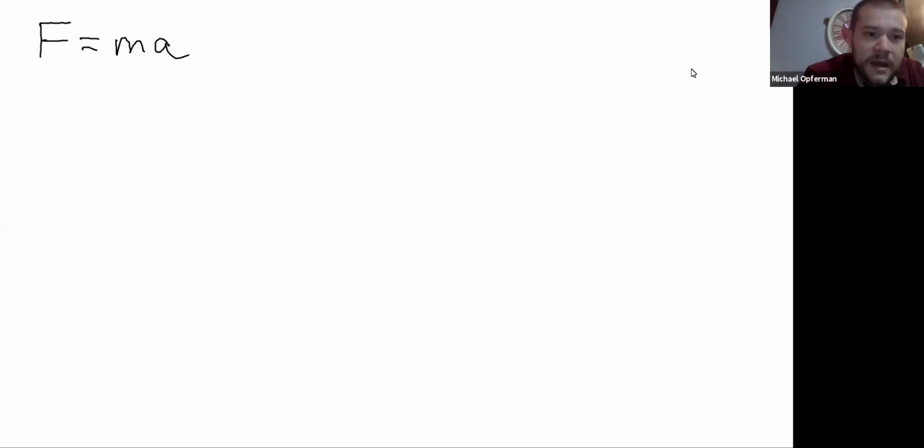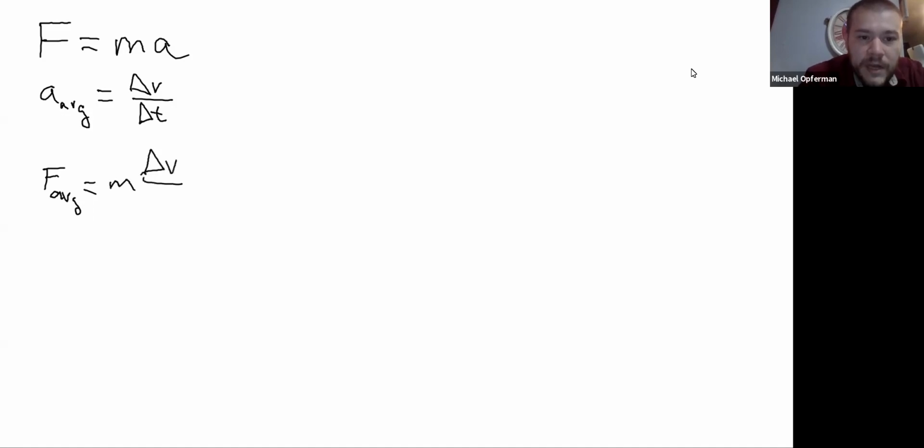The way we're going to clean it up is that we also learned that on average, the acceleration is equal to delta v over delta t. So if we plug that expression into F equals ma, let me do this a little bit carefully, that will mean that the force on average is equal to the object's mass times delta v over delta t.